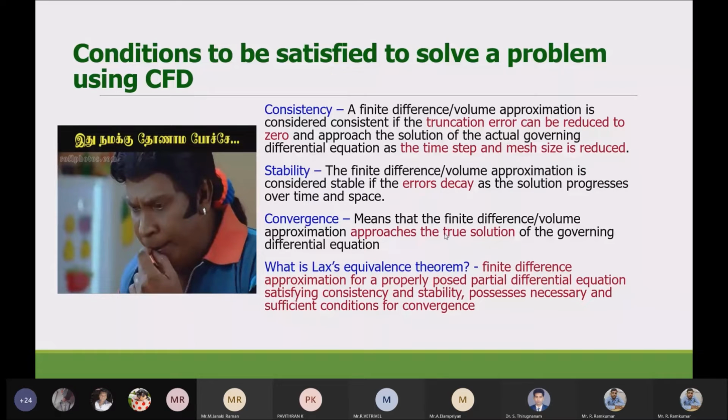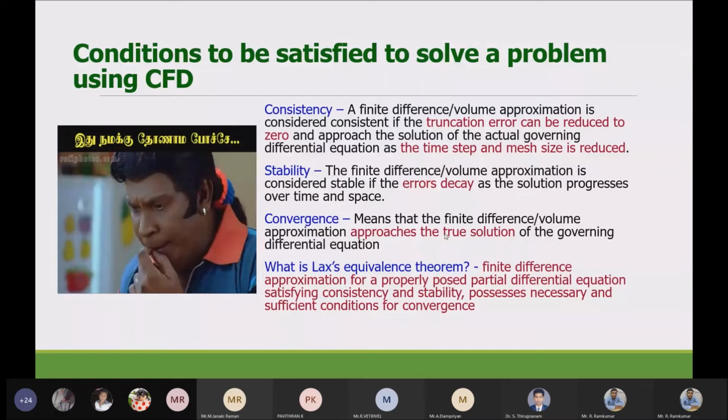You would have encountered this in the fourth maths paper, where you would have done a lot of iterations in the Runge-Kutta method, the Newton-Raphson method, and all that. Basically, your error should start going down once you perform a lot of iterations. If the error starts to increase, then there is no point in doing that. You'll say that my solution is not getting arrived at, it is getting diverged. So your solution should be stable, and you should not get any abnormal values as you solve the simulation. So that is the second one.